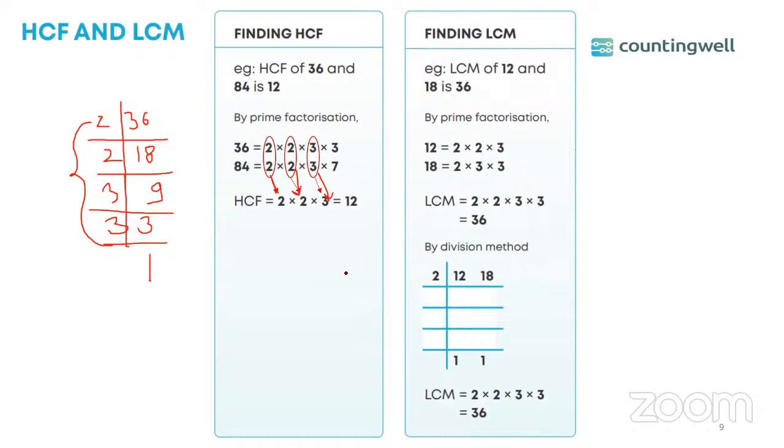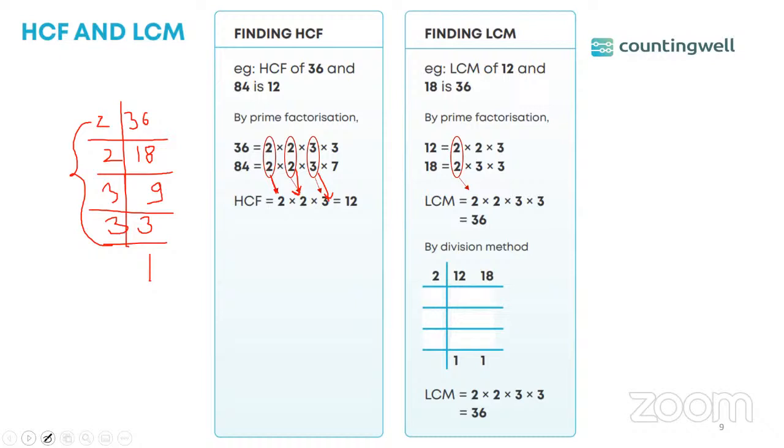Now let us find the LCM of 12 and 18. First of all, we prime factorize 12 and 18. In a similar way, we can use division method or factor tree method. So prime factorization of 12 is 2 into 2 into 3 and prime factorization of 18 is 2 into 3 into 3. While taking LCM, we will copy 2 once because it is common.